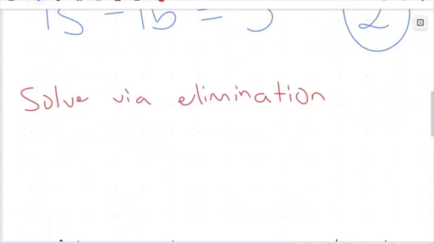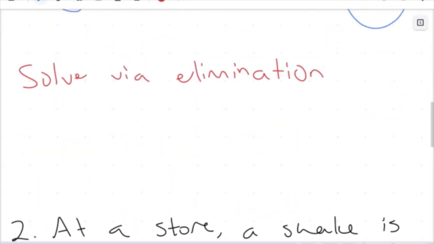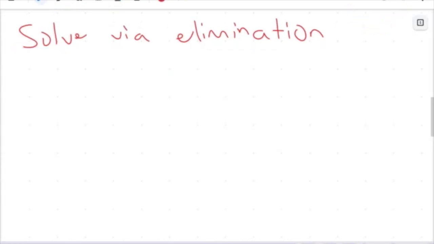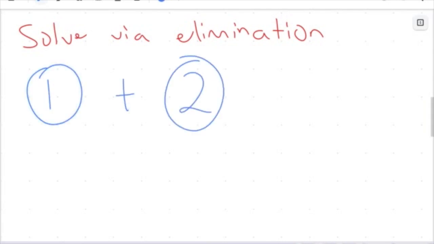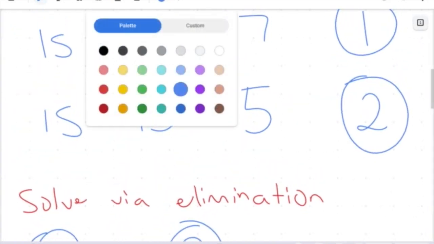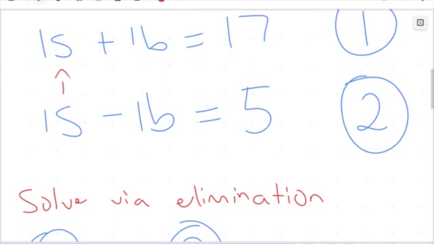So here I'm going to do equation 1 plus equation 2. You can minus them as well to get rid of the S also. As we looked at in the last video, there's a bunch of ways you can go about doing these. So adding these together, I'm going to add the two ages here.